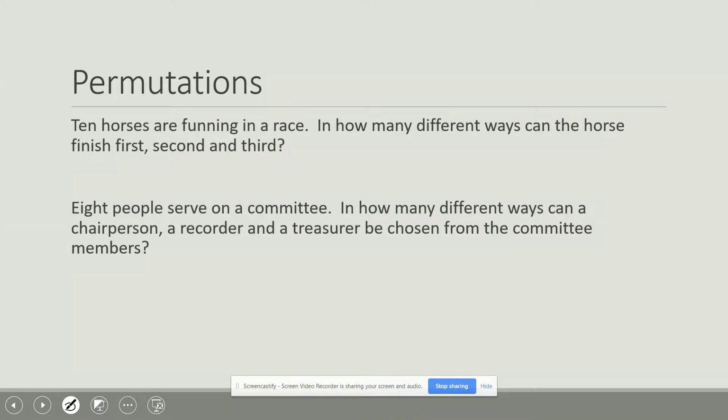10 horses are running in a race. How many different ways can the horses finish first, second, and third? So we have 10 total horses, and there's 3 places they can finish. So 10P3.